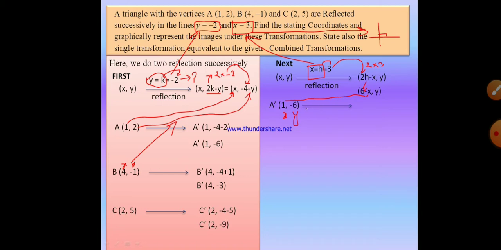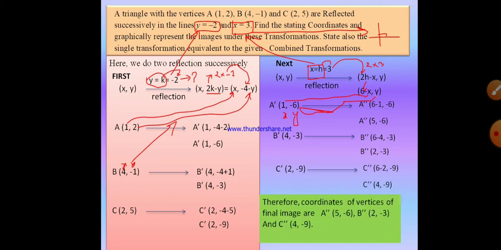We input here the value of x and y from A dash like this, 6 minus 1, minus 6, and the result is this. Similarly, same approach for B dash, B double dash will come. Same approach for C dash, and C double dash will come. So these are the final images. Therefore the coordinates of the final images are this: A double dash, B double dash, and C double dash.